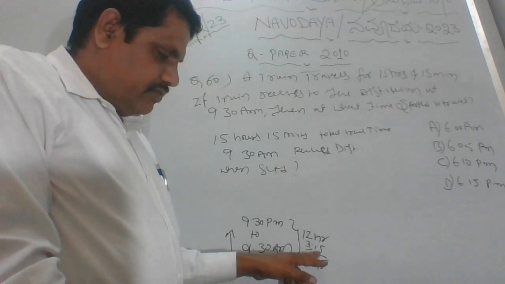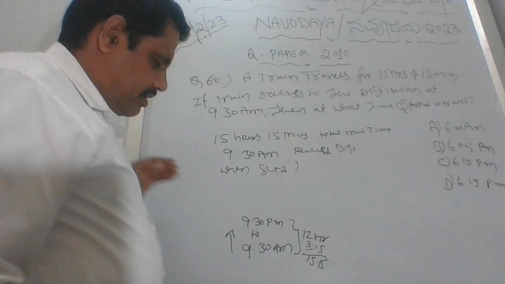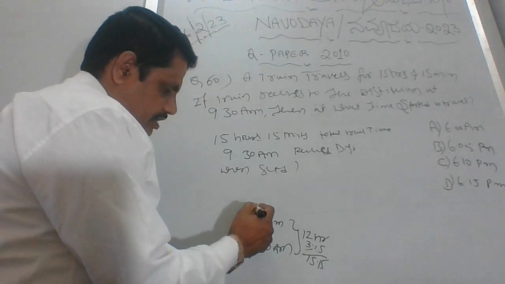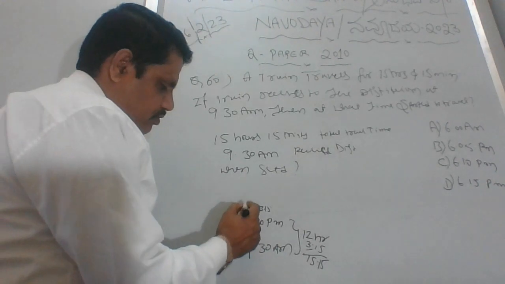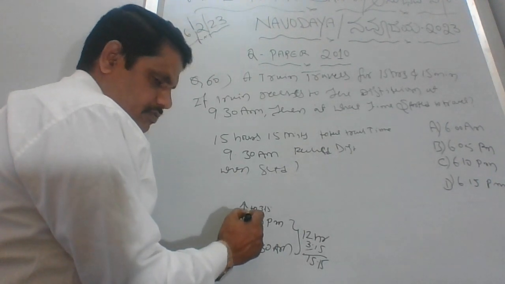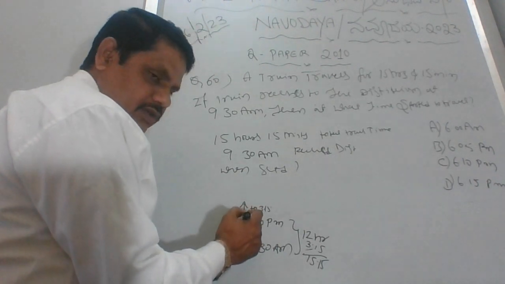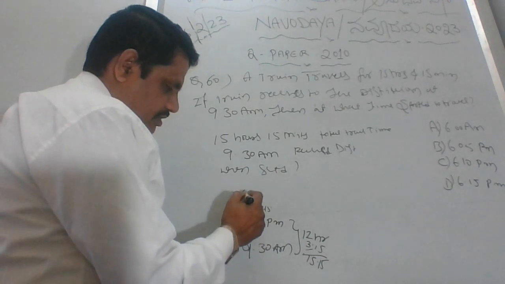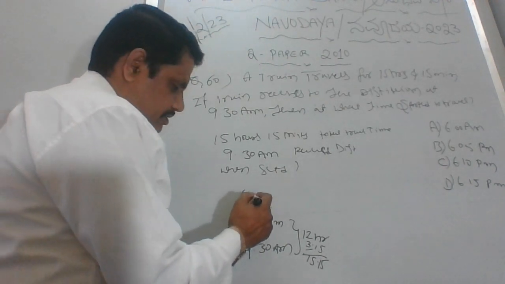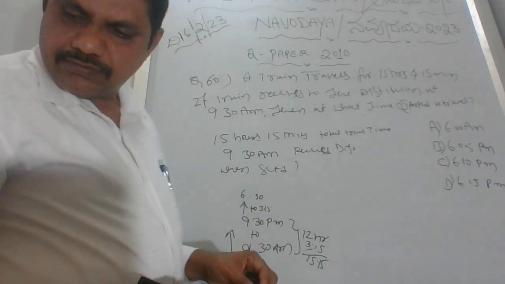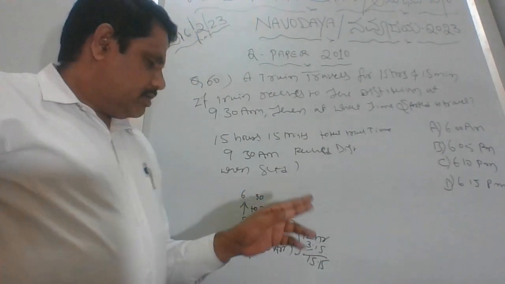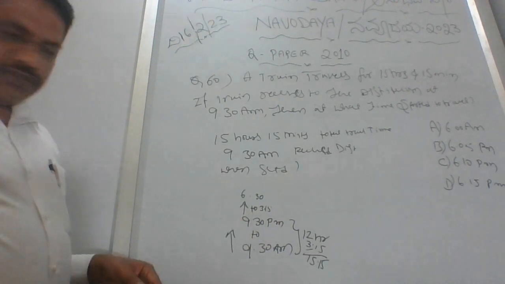So we need 3 hours 15 minutes again. I will mention here 3 hours 15 minutes. That means I have to go back. 9 minus 3 is 6, right? And 30.